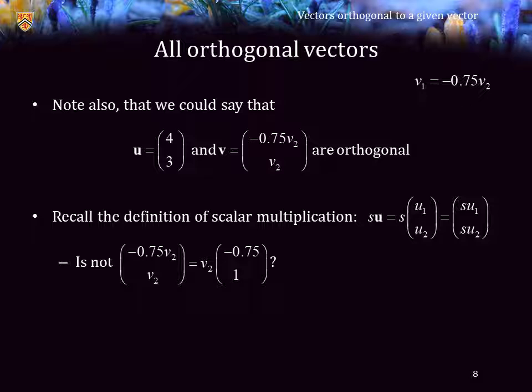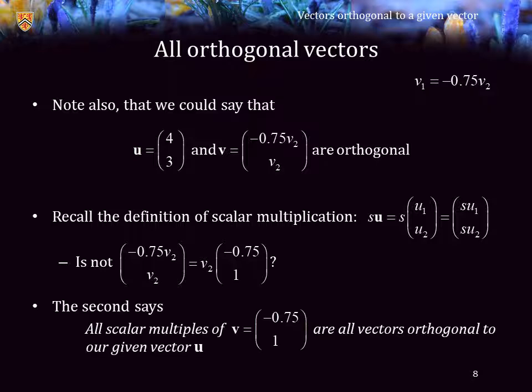So, in other words, is that vector not anything more than a free variable v2 times the vector negative 0.75, 1? Well, actually it is. And so essentially this says that all scalar multiples of v equaling negative 0.75, 1 create all vectors that are orthogonal to our given vector u.